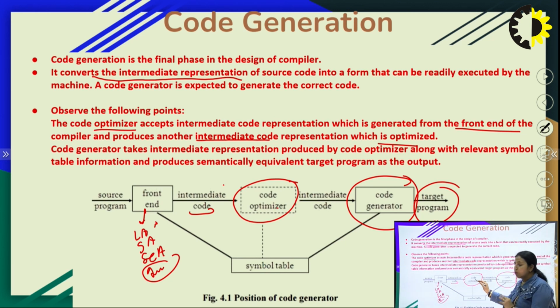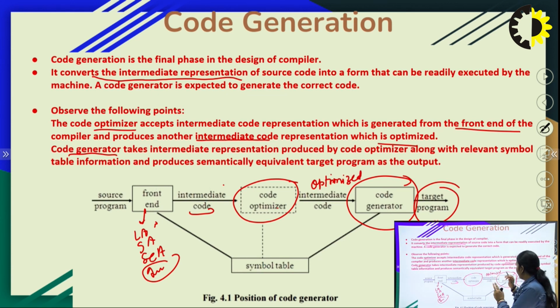Code optimization reduces the number of codes. This is the optimization. So the code generator takes the intermediate representation, meaning the optimized intermediate code.